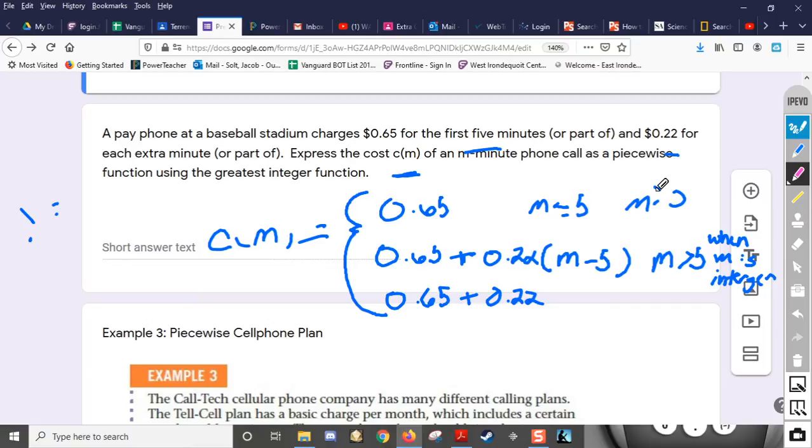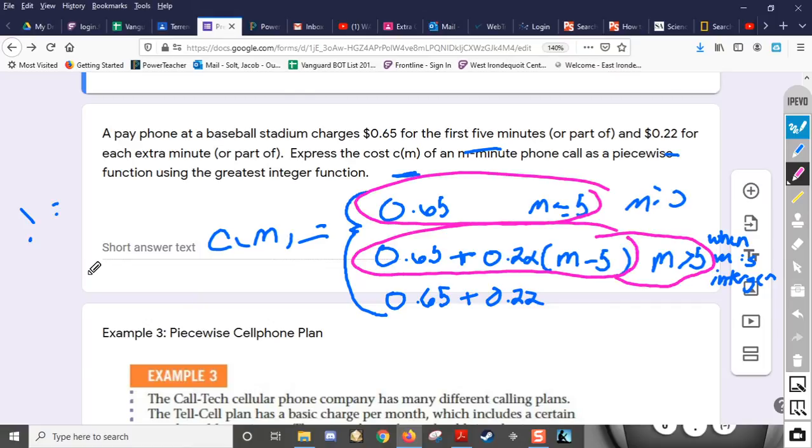And usually how I write this, if I'm doing it short answer, I say like, the C of m is equal to 0.65, comma, when m is less than or equal to 5, and then I do a semicolon to break it up, and then I do the next piece, 0.65, and I get going.